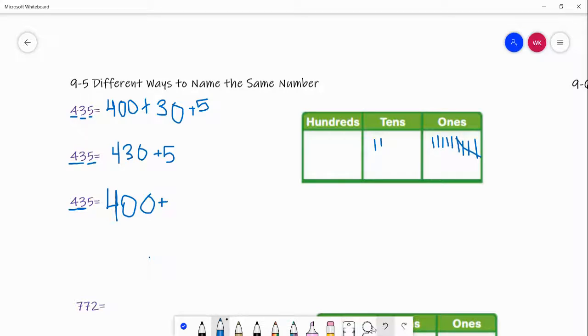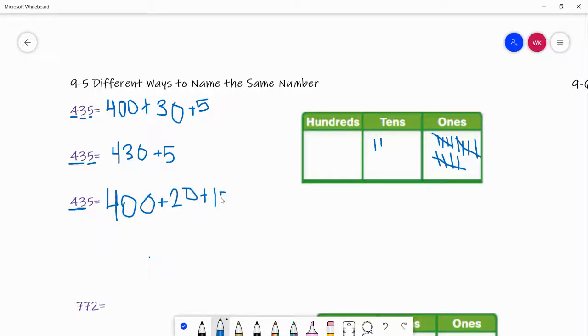I need to erase one of those. This is making tally marks. I don't know why I didn't do them in the beginning. So we have 10, and then we have 5 more. So now we have 15 ones and 2 tens. So we have 20, because 2 tens is 20, plus 15.